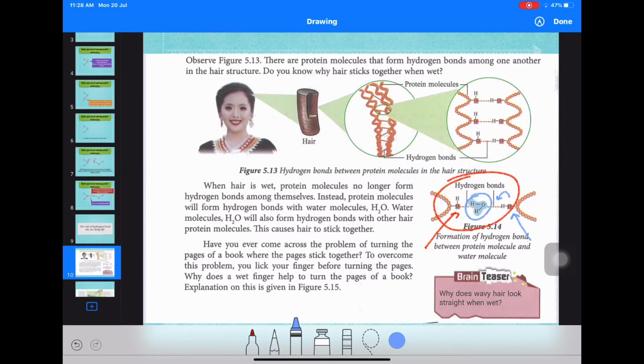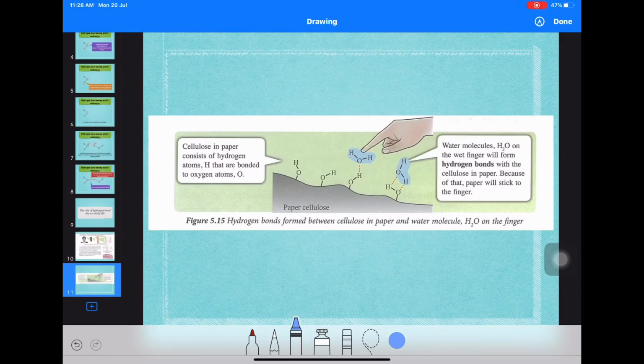Have you ever come across the problem of turning pages of a book where the pages stick together? To overcome this problem, you lick your finger before turning the pages. Why is it so? Because there is cellulose in paper. Cellulose consists of hydrogen bonded to a more electronegative atom, which is oxygen.